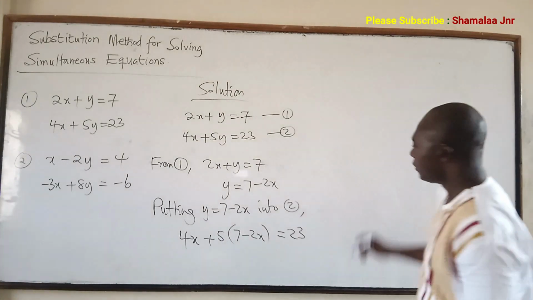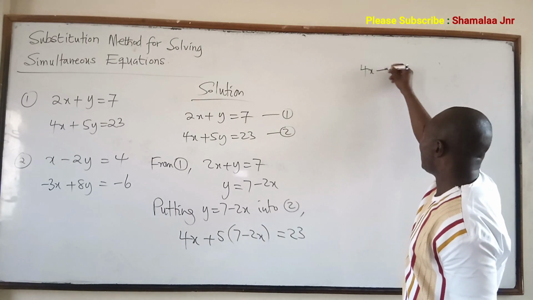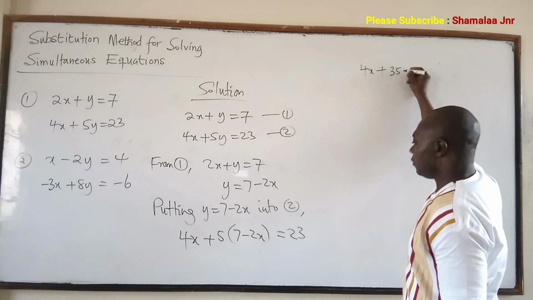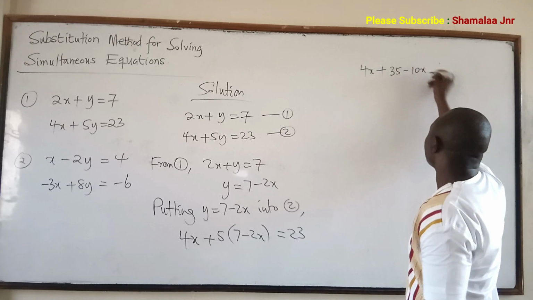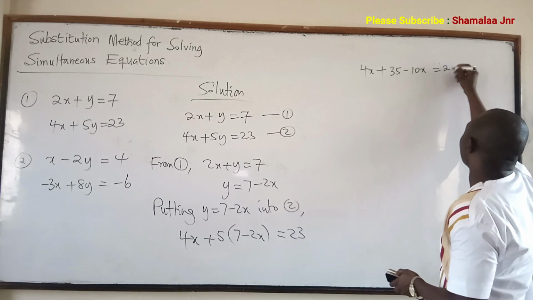Now let's work on this. This one is going to be 4x plus, let's expand this, 5 times 7 is 35, and then 5 times negative 2x will be negative 10x. This is equal to 23.